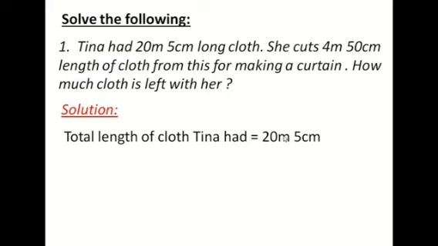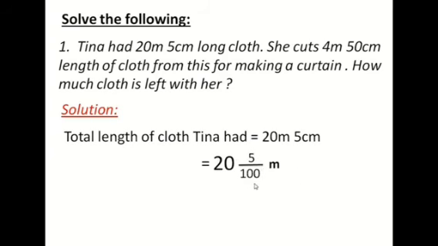What is the relation between them? 100 centimeter means 1 meter. So if I convert this centimeter into meter, I have to divide by 100. So I can write 20 meter as it is, then 5 by 100 meter.